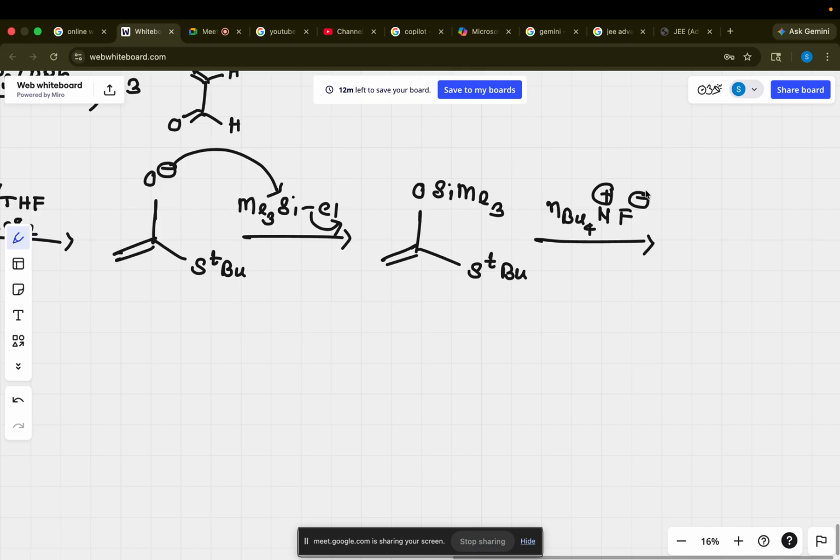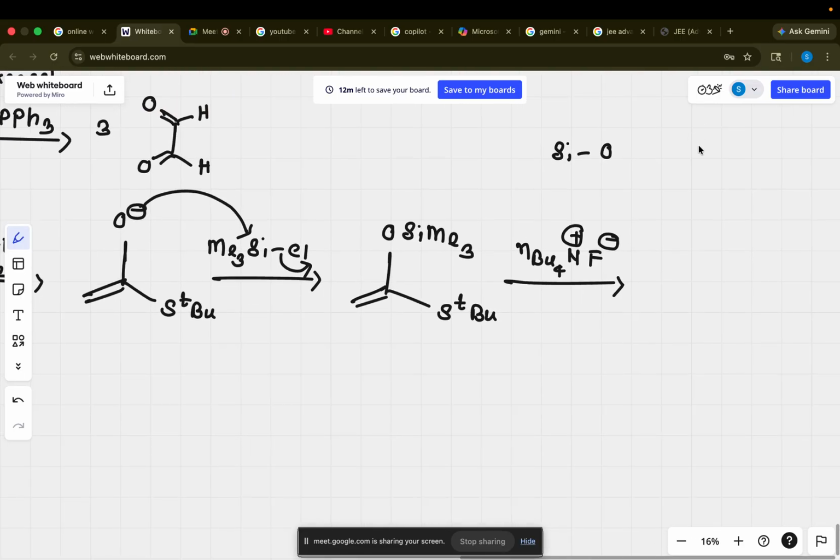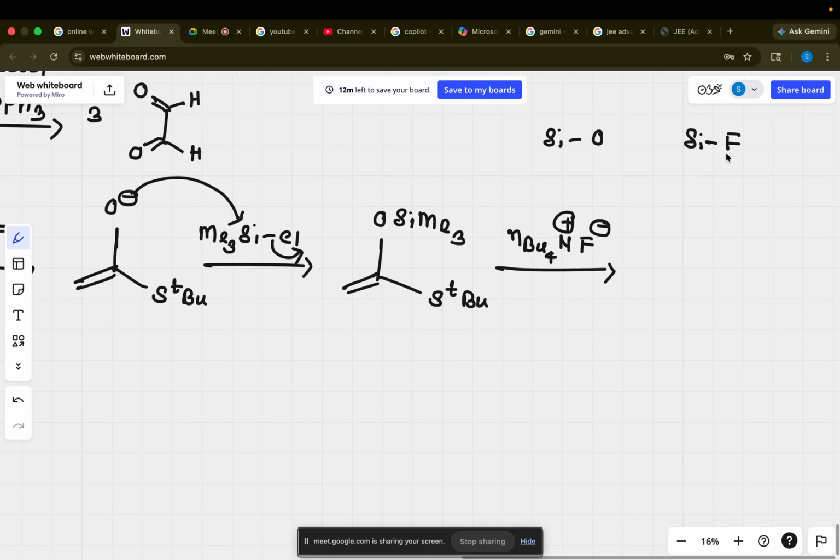No. So basically if you have silicon oxygen bond, and suppose you have silicon fluorine bond, which bond is stronger, which one is more electronegative, oxygen or fluorine?